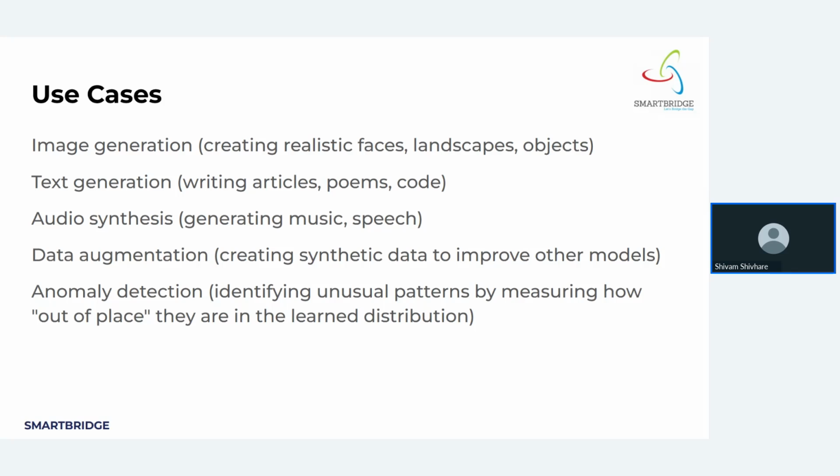Anomaly detection: identifying unusual patterns by measuring how out of place they are. For example, sometimes in some areas we get earthquakes, right? In that scenario, it will observe based on patterns. Daily they feed the machine the data about the temperature, weather, and everything, and it also learns what the data was when an earthquake occurred.